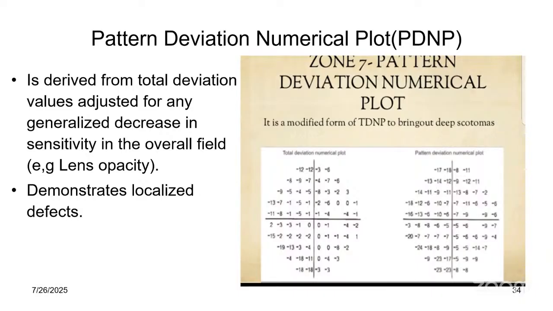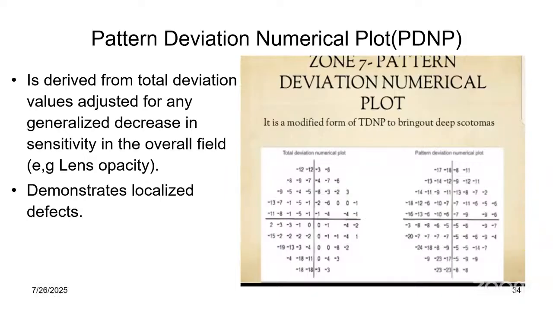Thank God the machine does all this for us, but we need to have an idea how the machine does it. So it arranges the total deviation numerical points in increasing order. For example, here we have 0, we have -1, we have -2.